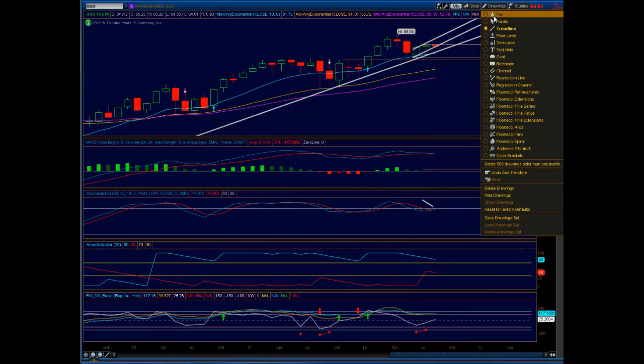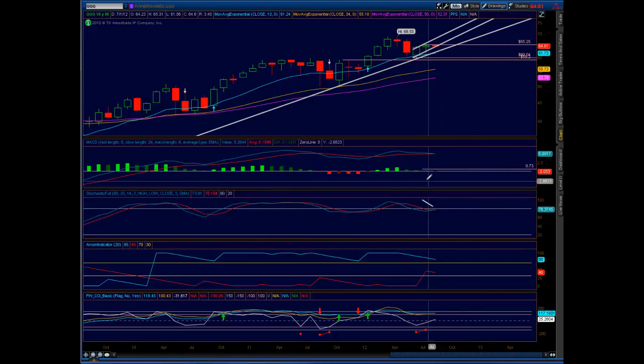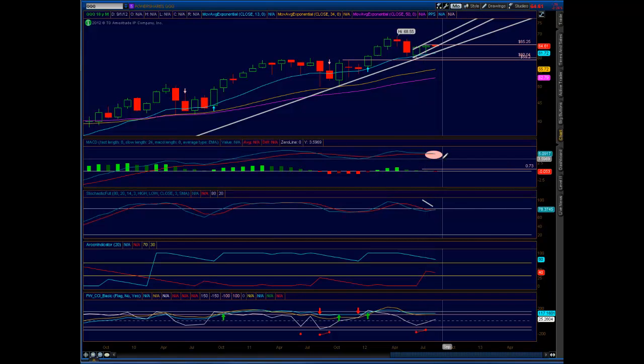Also, I want to show you the bearish cross on the monthly that just happened. Either call it today or yesterday, whatever the end of the month.